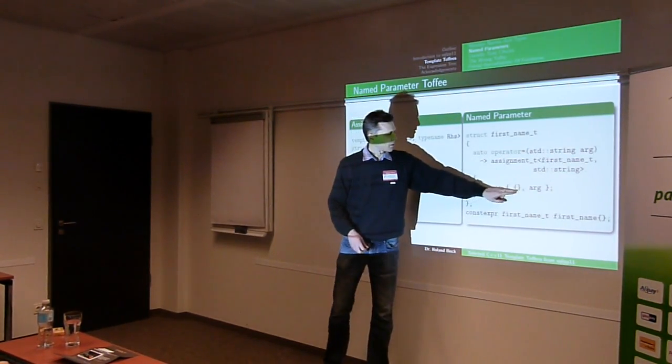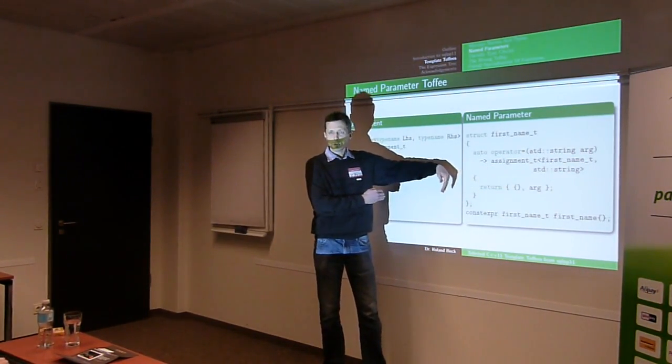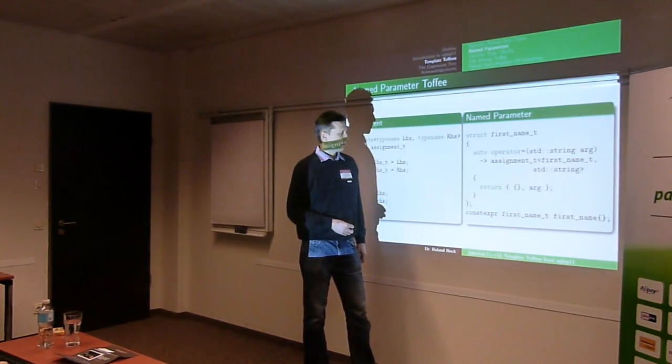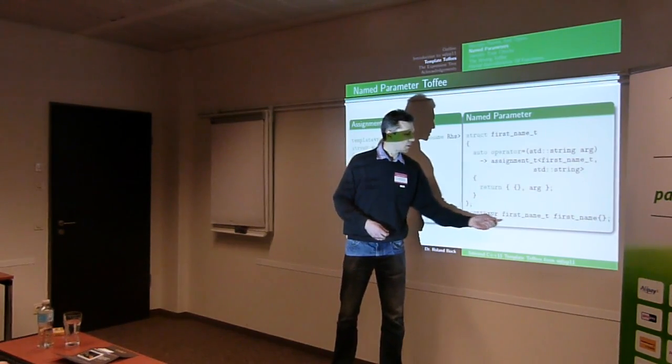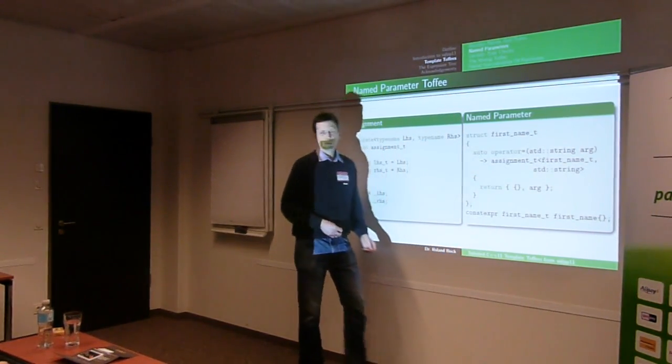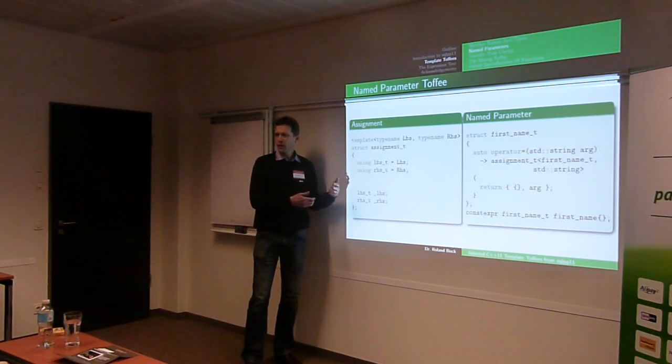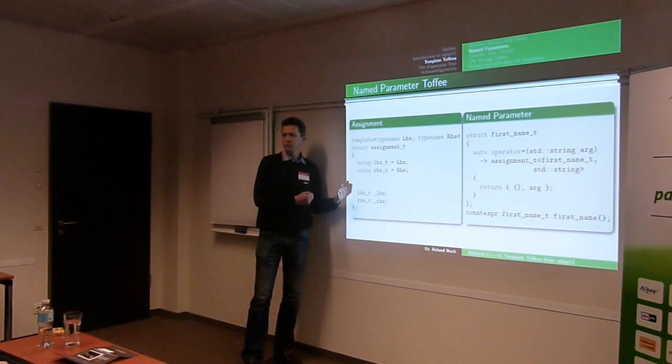And the assignment contains itself, which is the left-hand side operand, and the argument, which is the right-hand side operand. And then you just instantiate one of these, and then you have something that can be used as a named parameter.